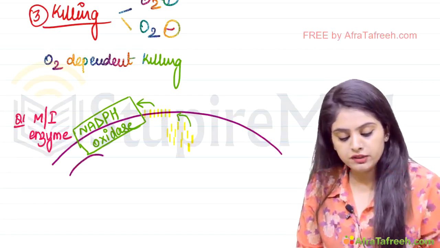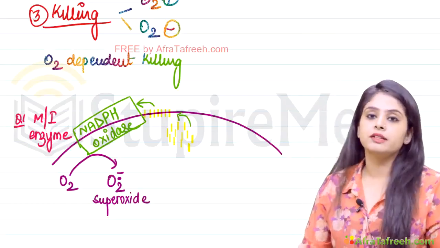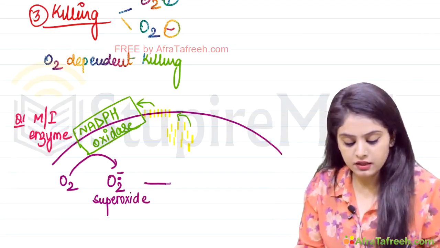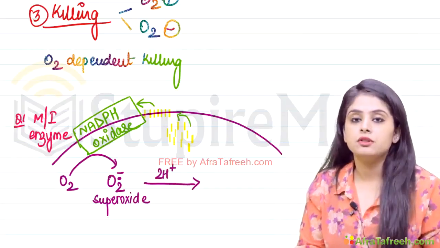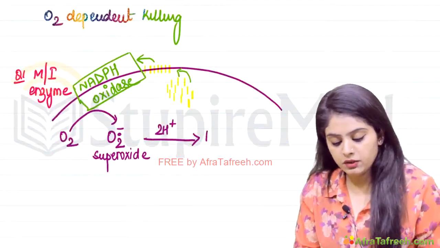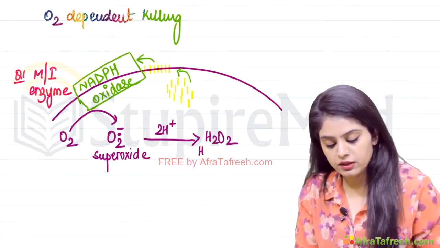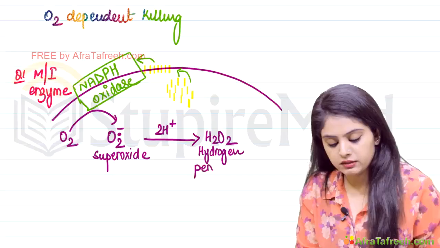It is going to first convert oxygen into a free radical, that is superoxide. After superoxide is formed, this is then going to combine with two molecules of hydrogen to form something known as H2O2. What is H2O2? It is hydrogen peroxide.